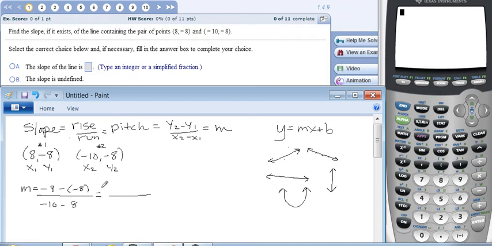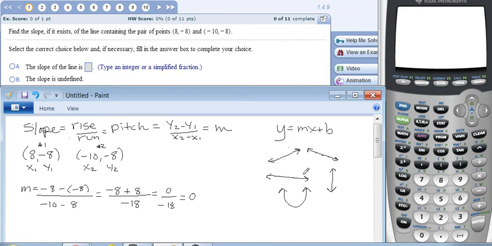I'm going to go through this very slowly here. Subtracting a negative is like adding, right? Here we have -18 on the bottom. On top we have 0, -8 and +8. 0 divided by anything is 0. So therefore the slope is 0.